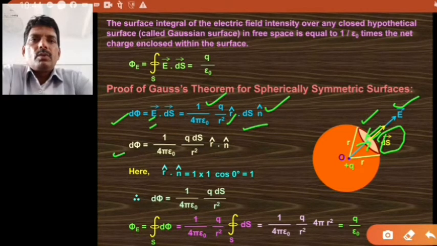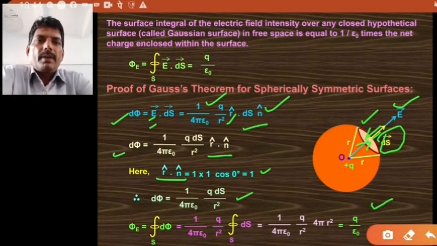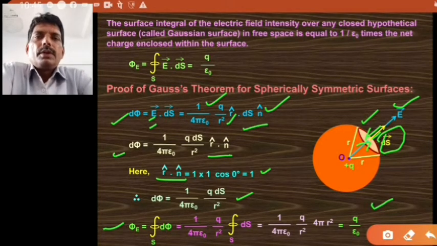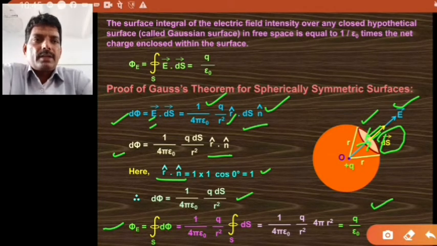So d phi is equal to 1 upon 4 pi epsilon naught q into ds upon r square r cap dot n cap. Using the dot product, we got the value equal to 1. Putting that value here, we finally got the Gauss theorem as total flux phi suffix E is equal to q upon epsilon naught. This was the proof which we discussed yesterday.